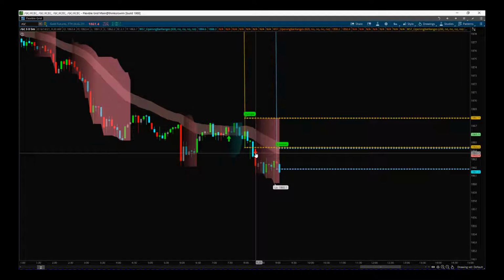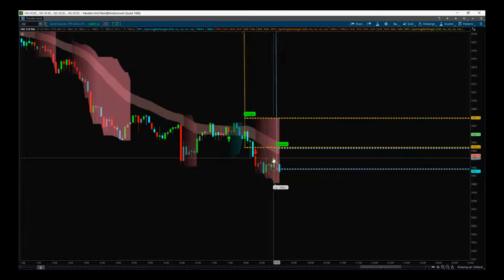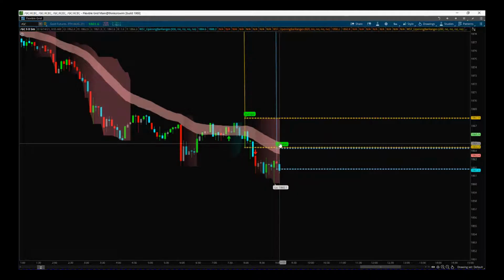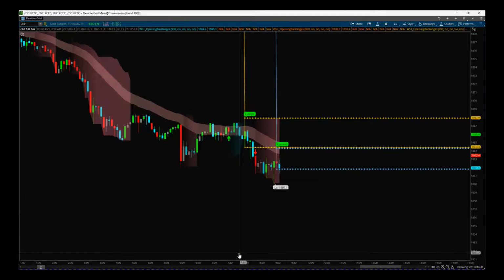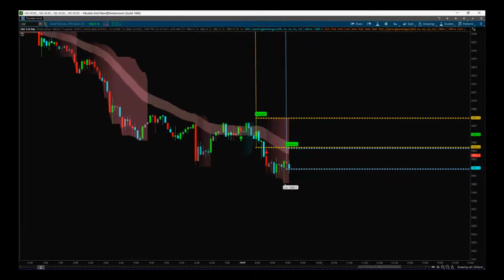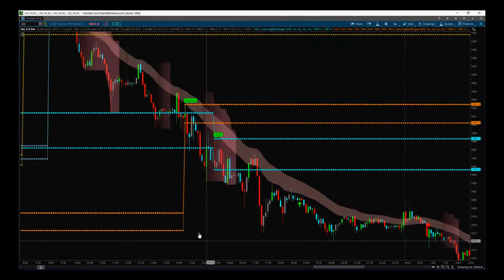We've got the divergence cloud, and sensibly our entry would be at 1859.9. Stop just above the London pit open, or in fact the high of the London Stock Exchange open, or in fact just above the EMA cloud there, and again we don't know what's going to happen for the rest of the day, but if Friday's anything to go by, that was a great looking trade.